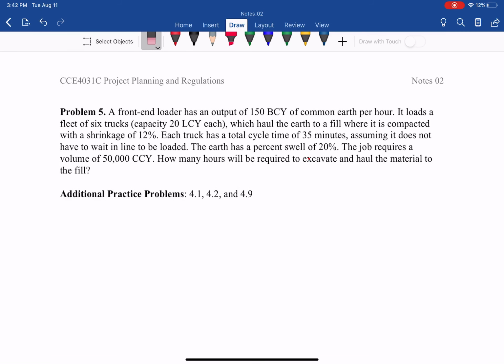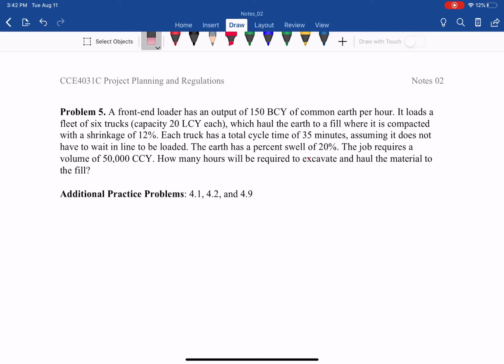Problem 5. A front-end loader has an output of 150 BCY common earth per hour, and it loads a fleet of 6 trucks. The capacity for each truck is 20 LCY, loose cubic yards, each, and they haul to fill a compacted fill with a shrinkage percent of 12%, and each truck has a total cycle of 35 minutes.